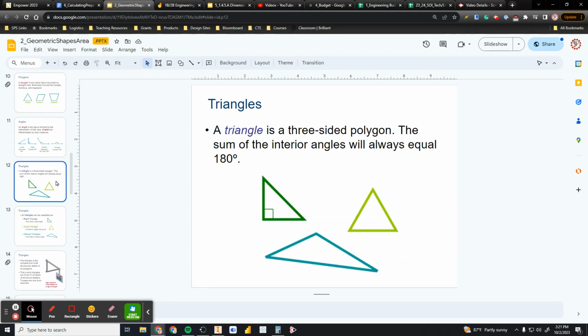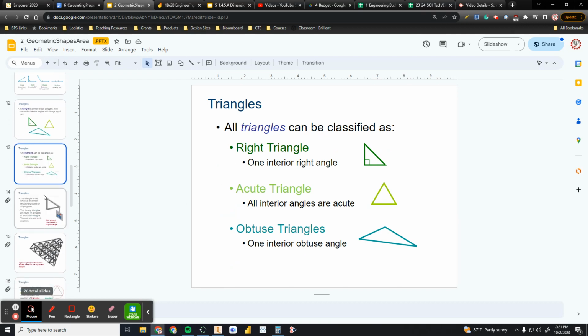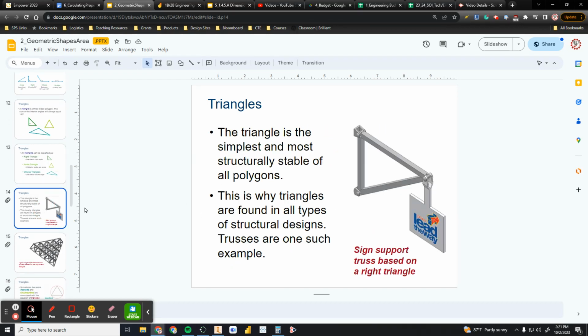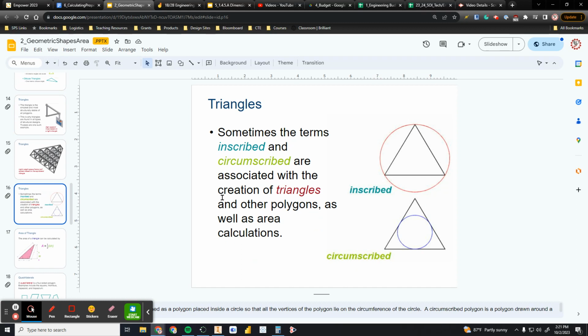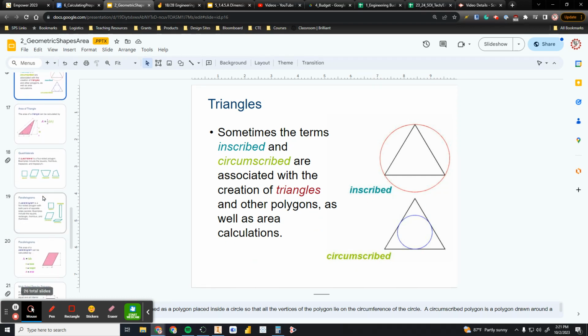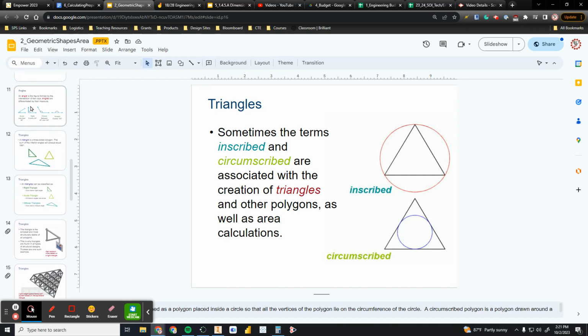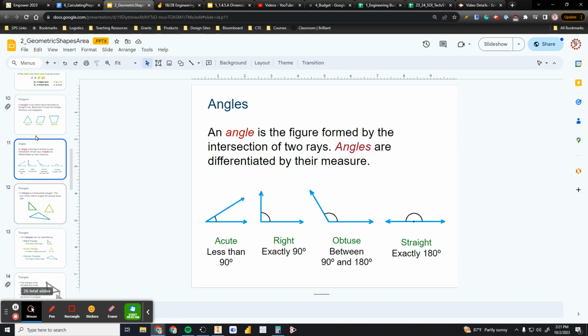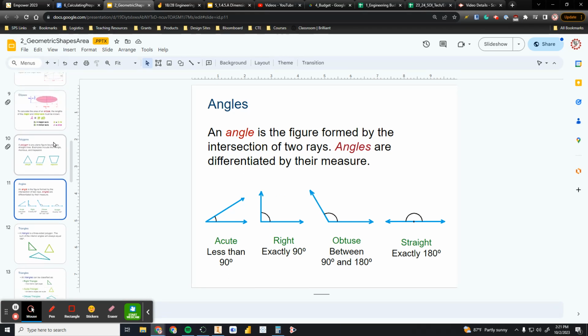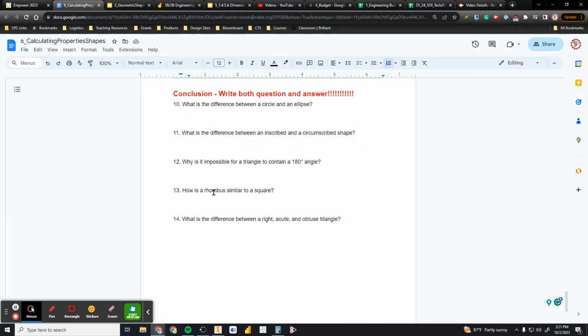So let's see here. Here's another example of circumscribed and inscribed. But that is the answer, is all the interior angles add up to be 180 degrees. And if you were to have a triangle that was greater than 180 degrees, you're probably not working with a triangle.